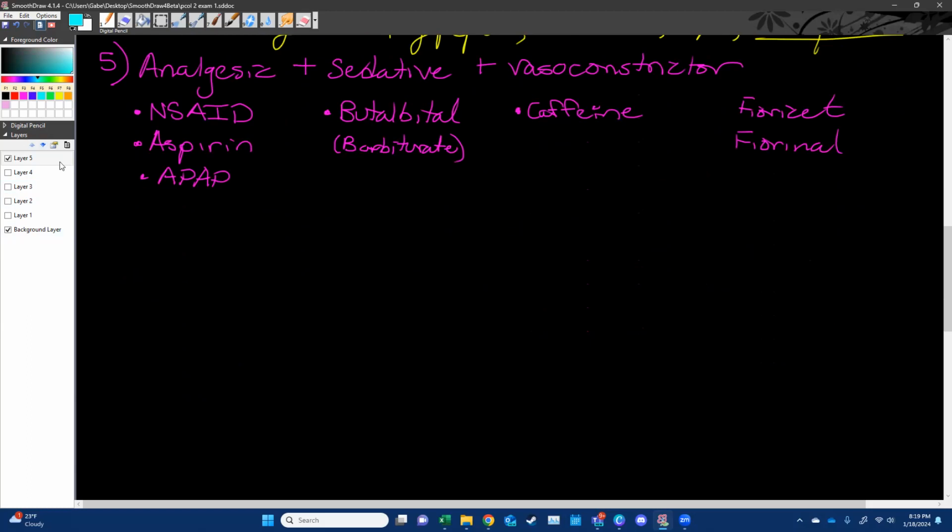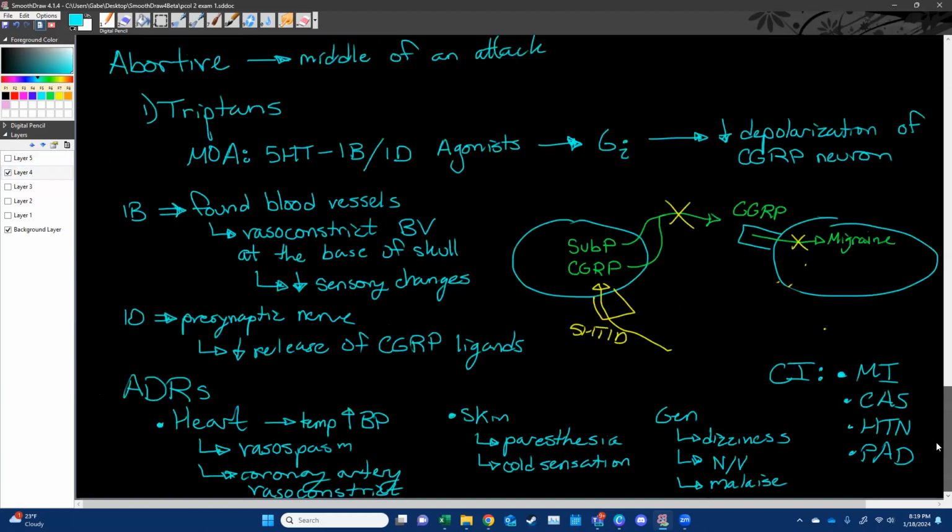Actually, real quick, go back to your triptans. I just want to put this in here. For oral therapy, sumatriptan, which could be with or without naproxen, so the Trexamet, and zolmitriptan, and there are IV formulations of these as well.